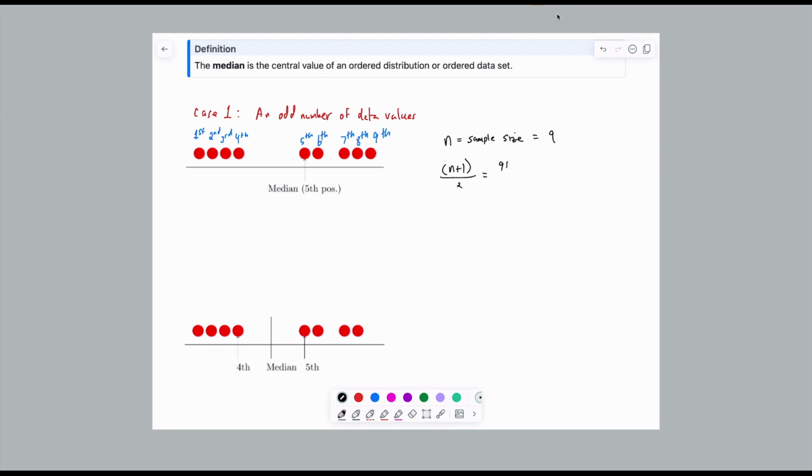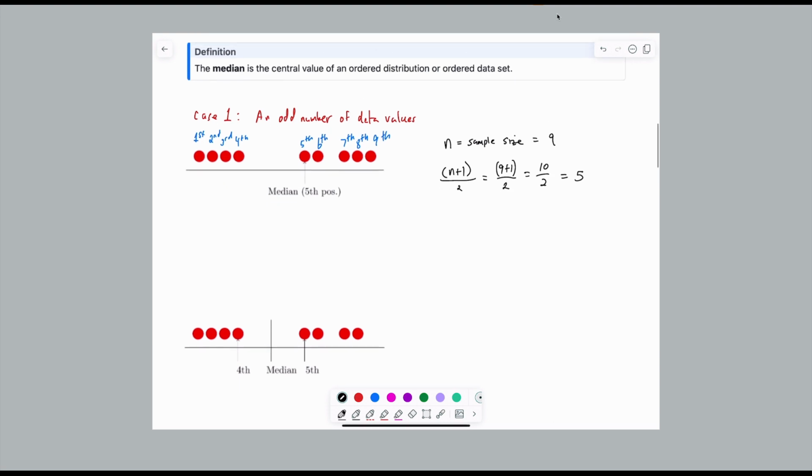So 9 plus 1 divided by 2 gives us 10 divided by 2, which tells us it's 5. So that indicates that this is the 5th position. So this formula I wrote up here tells you how to find the middle position, or what's called the center position, or the center for short.